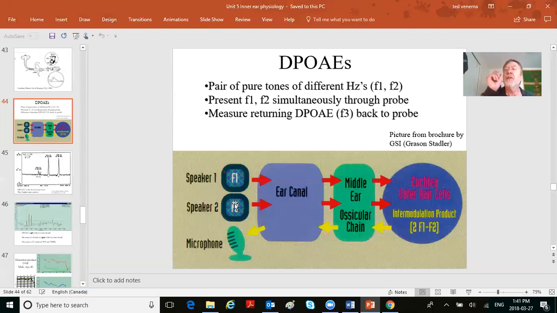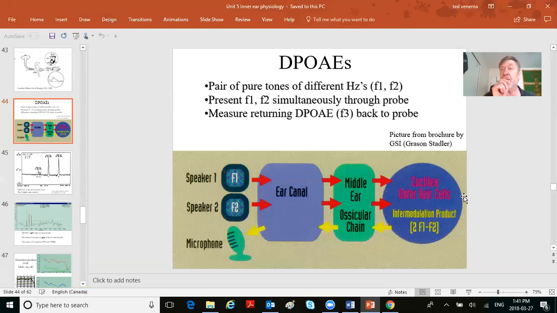Anyway, the tone that comes out is always 2F1 minus F2. So if you put a 1,000 hertz tone and a 1,220 hertz tone into the ear, F1 and F2, the tone that comes out is 2F1, which means 2 times 1,000, which is 2,000, minus F2, which is 1,220.